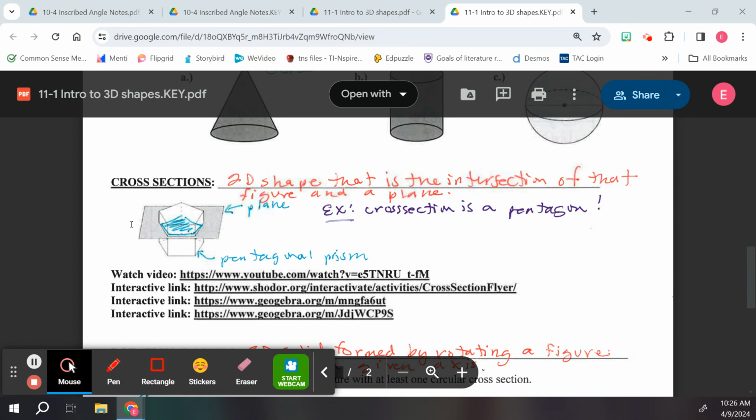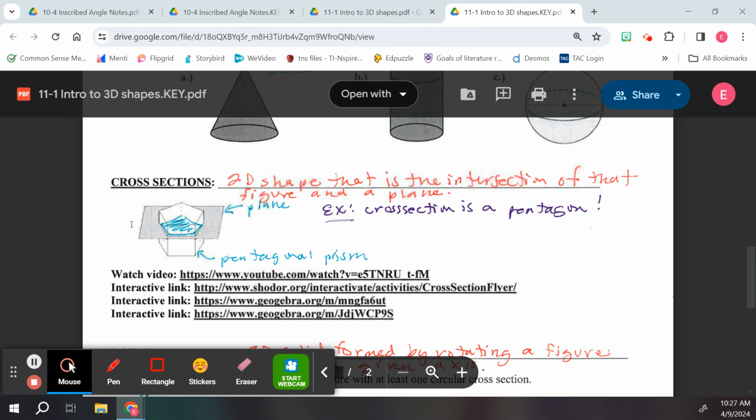Let's say that this was all just one rectangular prism, okay? I do a cross section and I cut it. This part right here is the cross section, okay? So what is the shape of that cross section? A what? Right here. What is it? It's a rectangle. That's it. Okay?